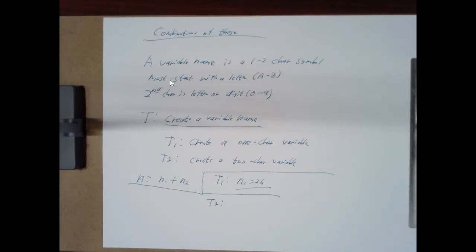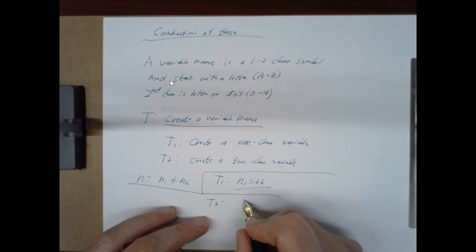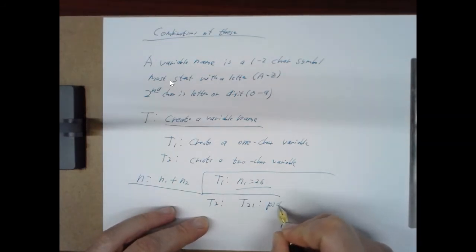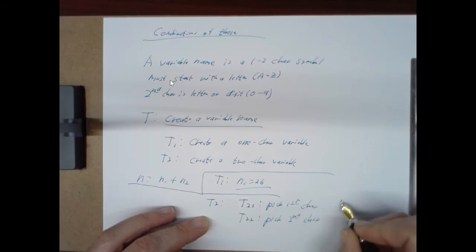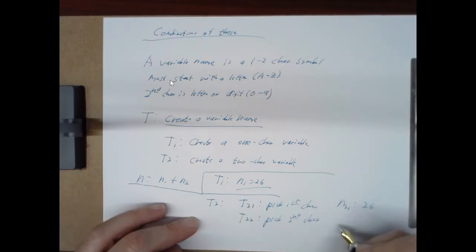And that itself we can break into a succession of tasks. So we could take T21 is pick first character, and T22 is pick the second character. So how many ways can we pick the first character? Well, again, that's 26. But how many ways can we pick the second character of a 2 character variable?